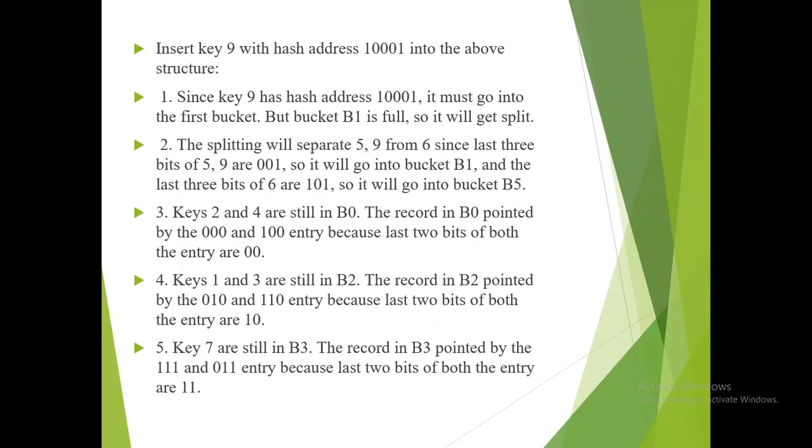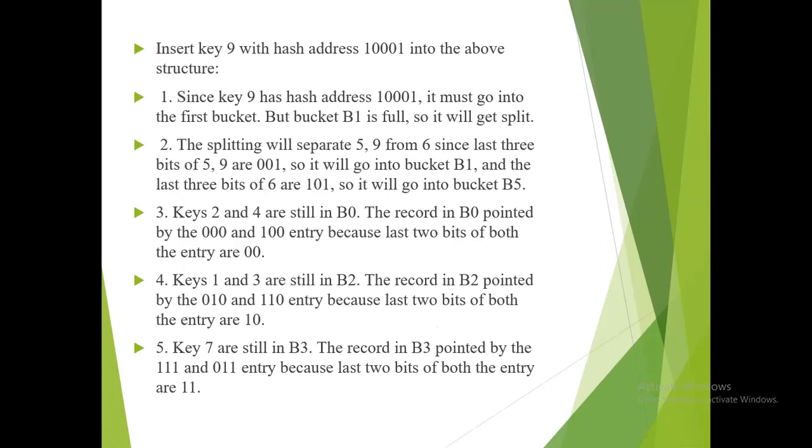Insert a key 9 with hash address 10001 into the above structure. Since key 9's hash address ends in 01, it must go into the bucket B1, but bucket B1 is full, so it will get split.